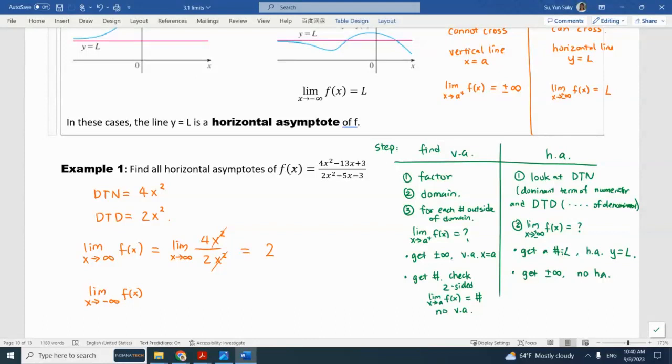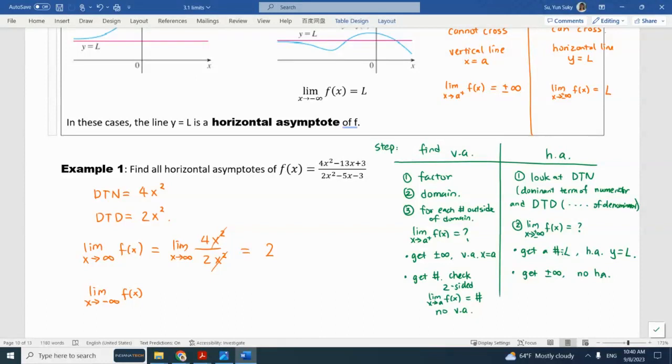In order to get a horizontal asymptote, you're letting x go to infinity or minus infinity. You need to be approaching it at the end. Yes, that's a good point. That's why it's very easy to get confused about where to put the infinity. So draw the picture to help you understand.